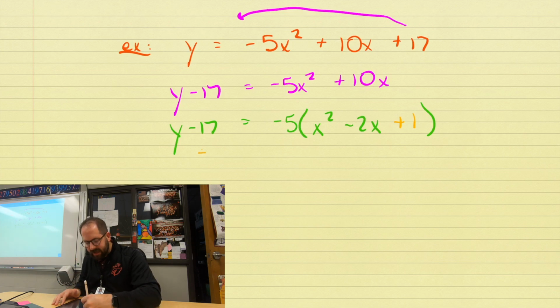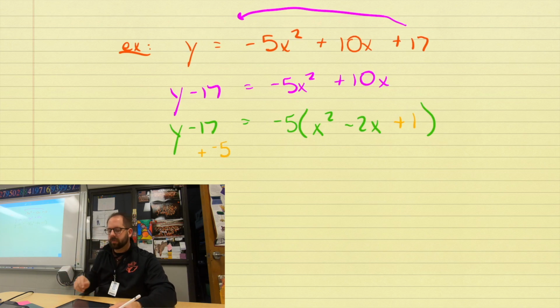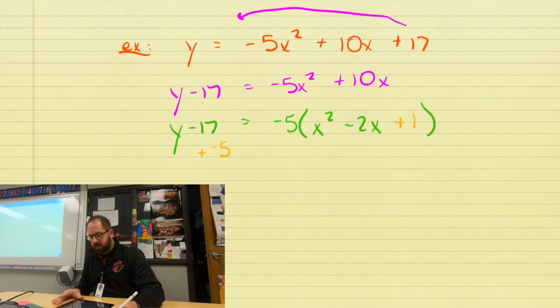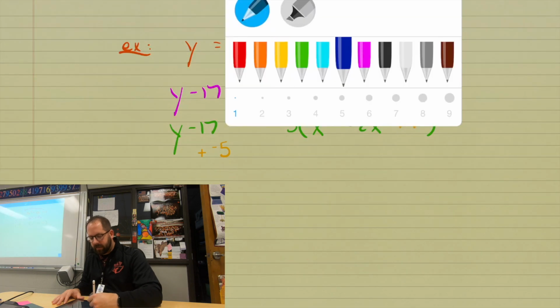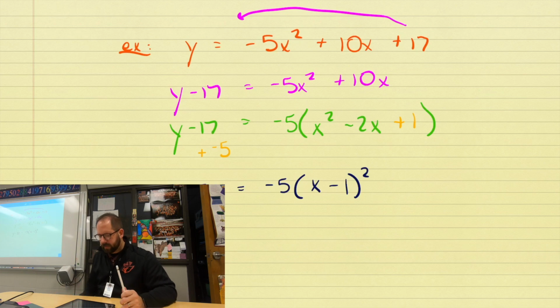So on the other side, here's what I'm getting: y minus, what is that, 22? Is that what that is? 22. And then we have a negative 5, and I'll factor this side apart. That's x minus 1, because it's the same sign, it's half the middle.